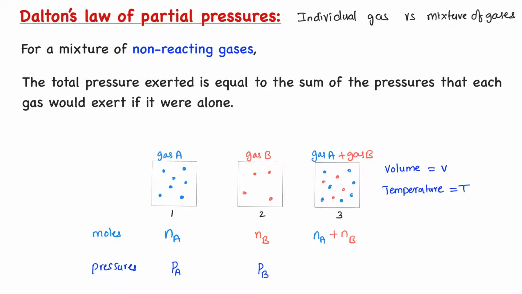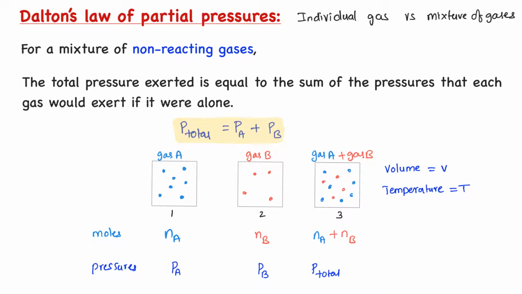And the pressure inside container 3 is P total, which is the pressure exerted by mixture of gases A and B combined. Then according to Dalton's law of partial pressures, the P total is equal to Pa plus Pb.